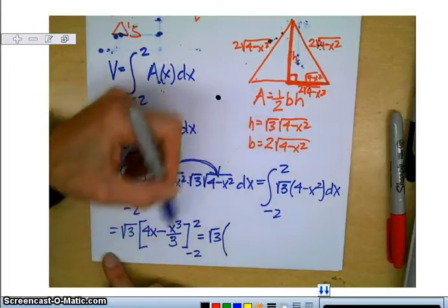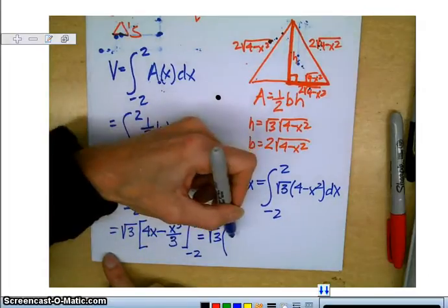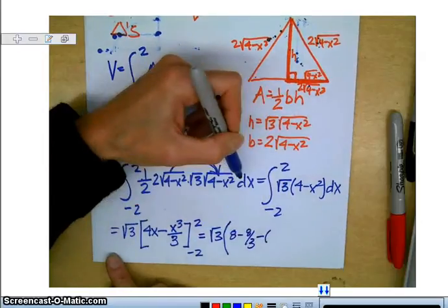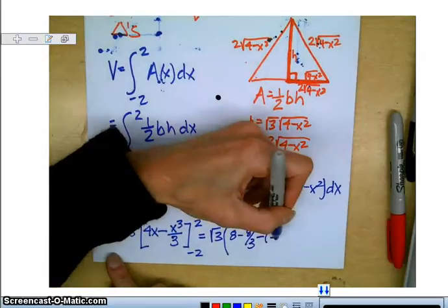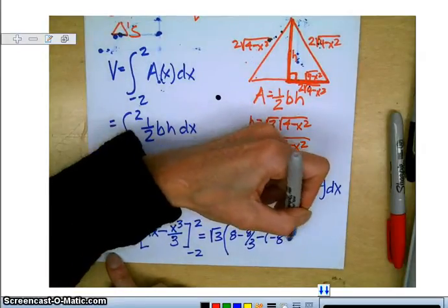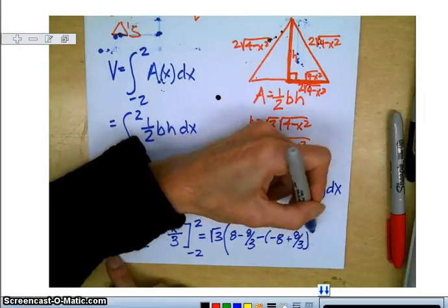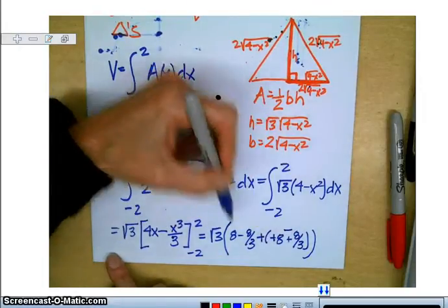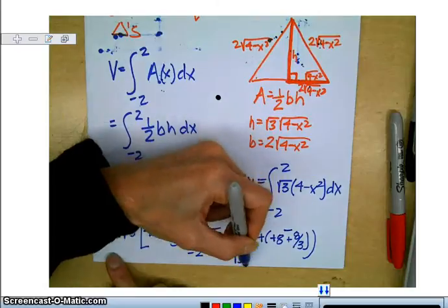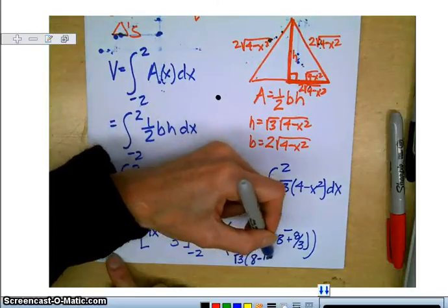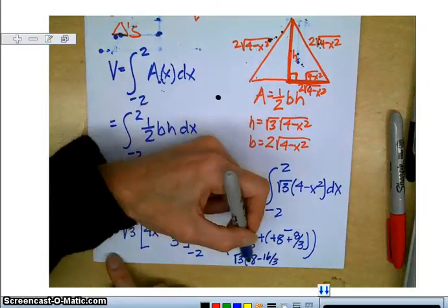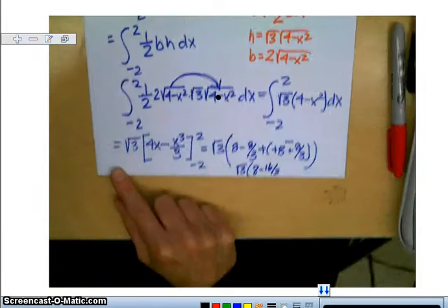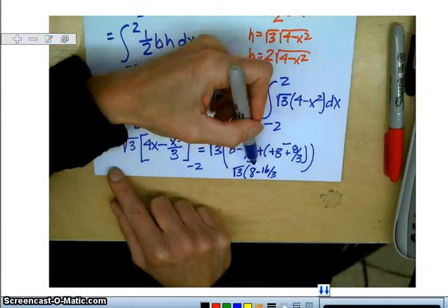So when I plug 2 in, I get 8 minus 8/3. When I plug in -2, I get -8 plus 8/3. Distribute that negative. So I'm going to get radical 3 times 8 minus 16/3. 8 is 24/3, right? 24/3 minus 16/3.